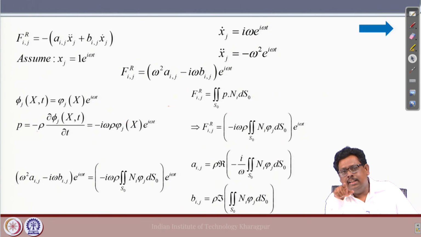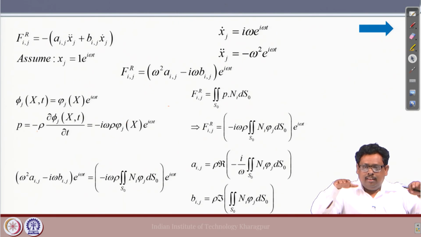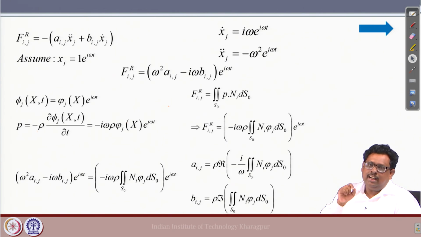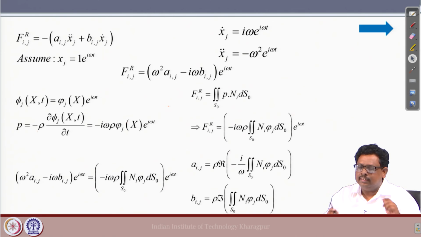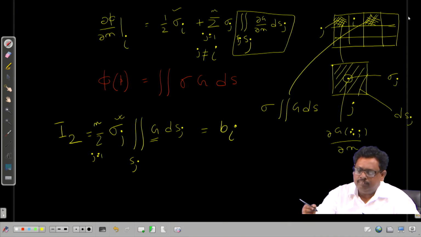Now, here the ds_0 refers to the linear theory, that means it is z equal to 0, right. When you do the non-linear analysis, at that time we need to integrate over S_b, the exact wetted surface, but here I am doing the integration on the mean wetted surface, right. If you are confused about what the mean wetted surface and the exact wetted surface are, let me explain again. Let us take the body like this.